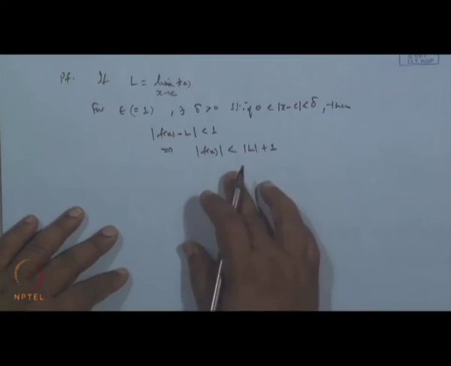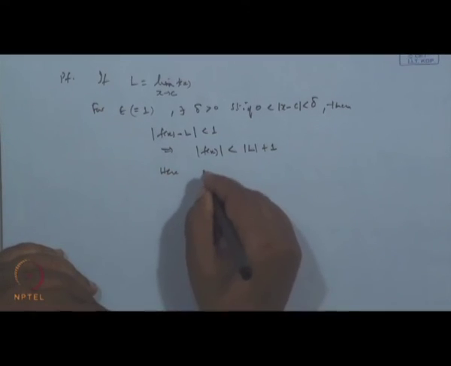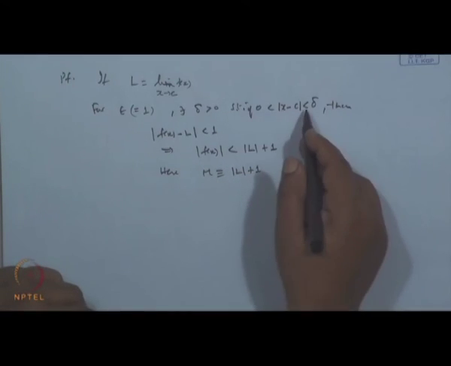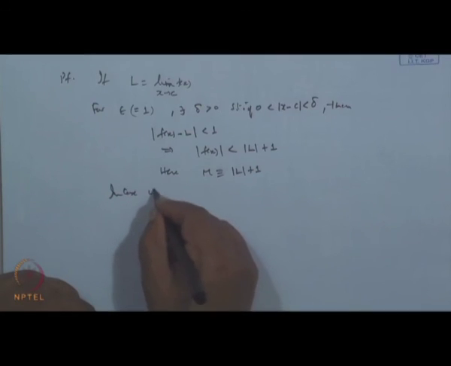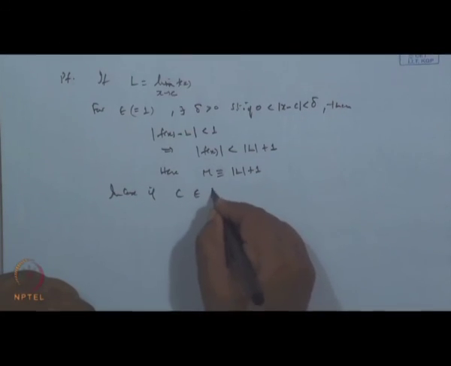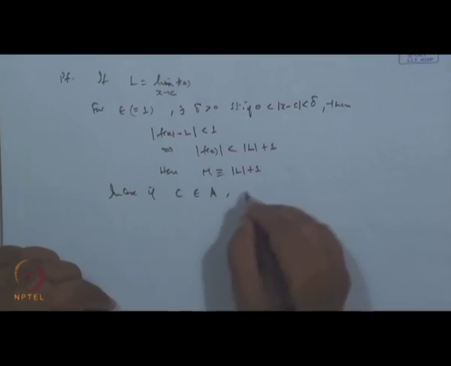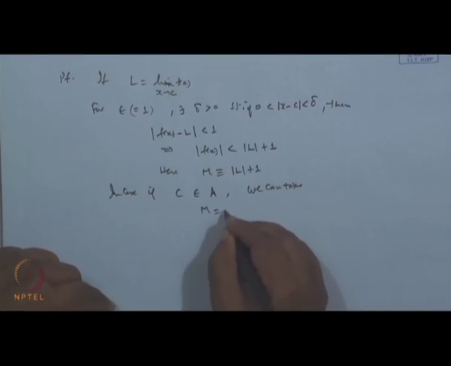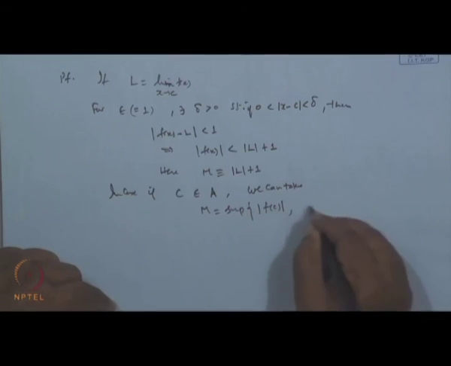So I choose M to be |L| plus 1, and then for all x in the neighborhood it holds. In case c also belongs to A, we can take M to be the supremum of |f c| and this bound.